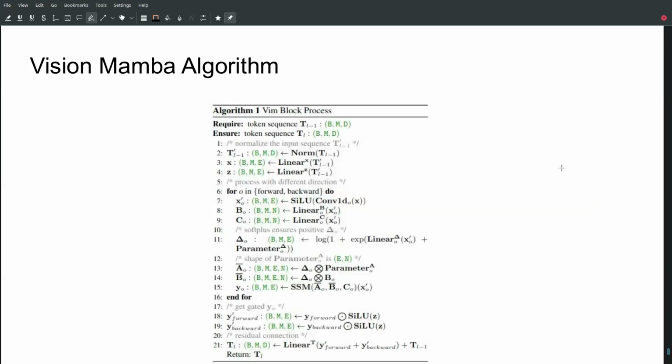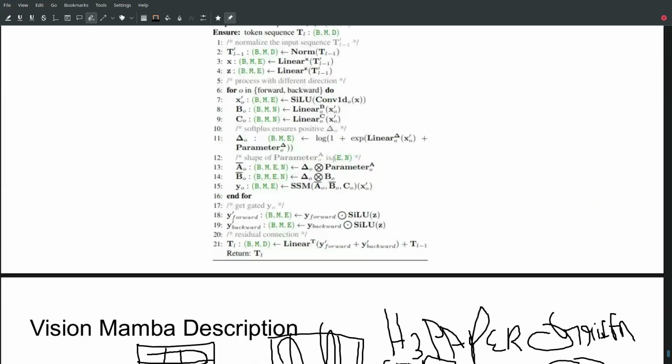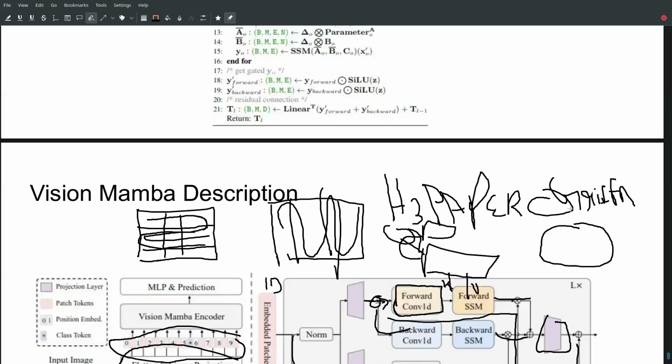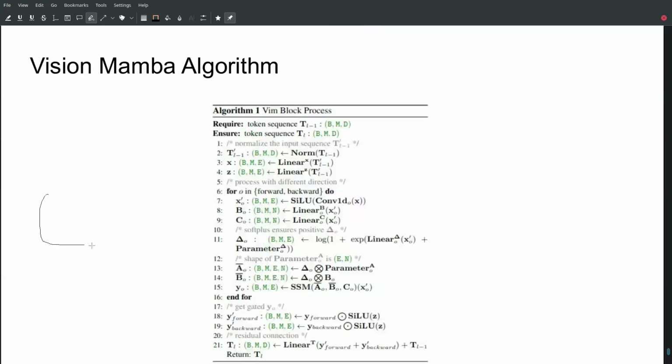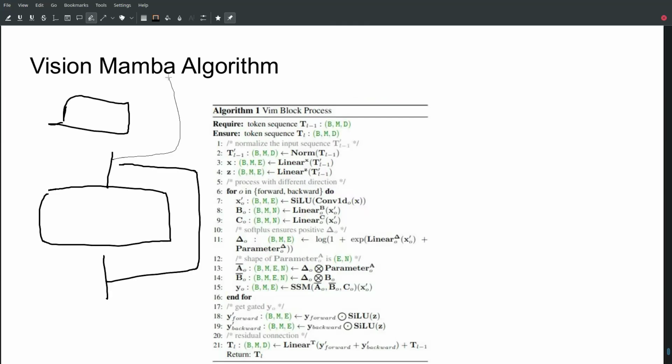Griffin applies an MHA block as well as an MLP block. This is the transformer side.